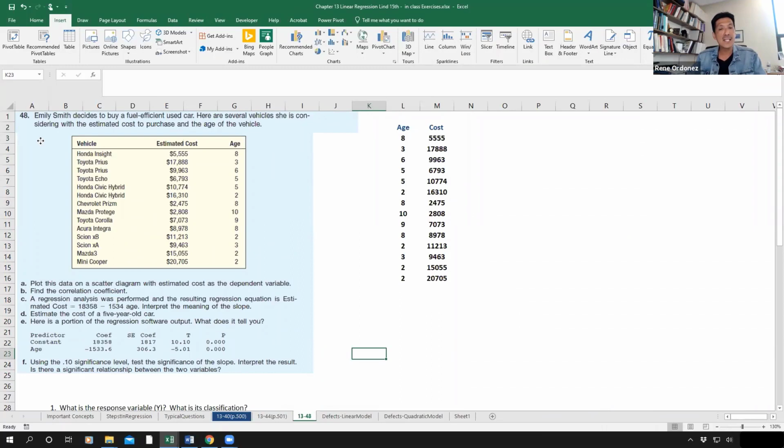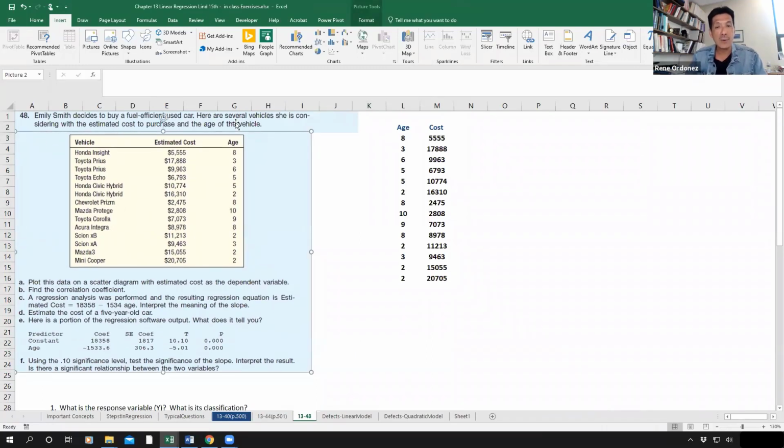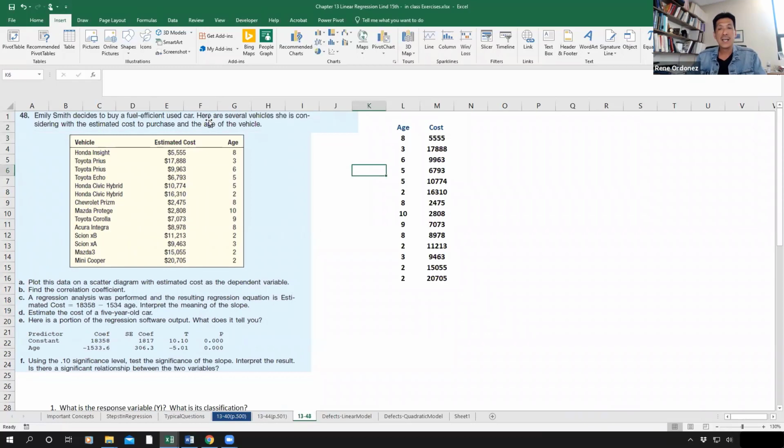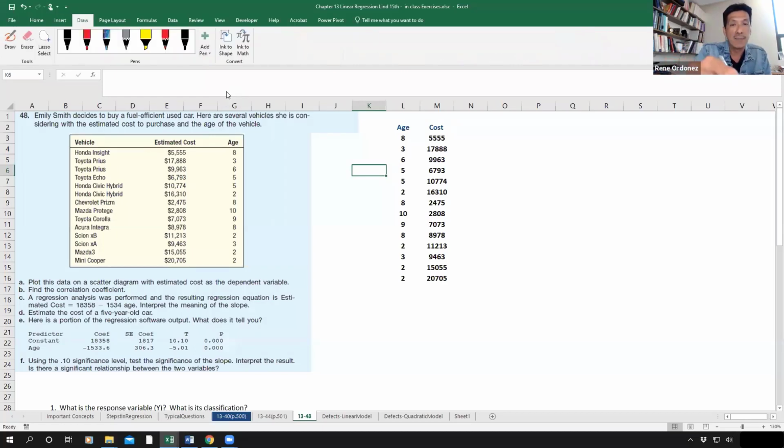Emily decides to buy a fuel-efficient used car. Here are several vehicles she is considering with the estimated cost to purchase and the age of the vehicle. In this sentence, we once again see a couple of variables declared: the estimated cost to purchase, and the age of the vehicle.